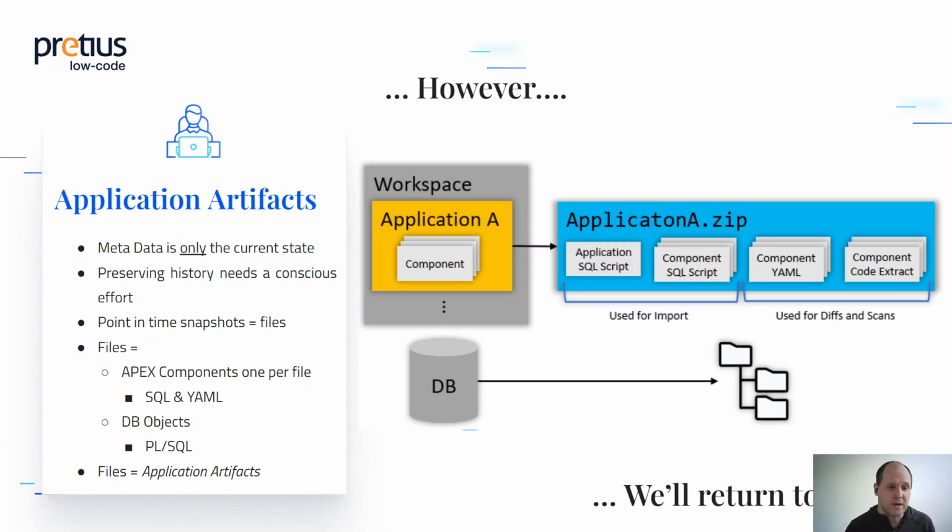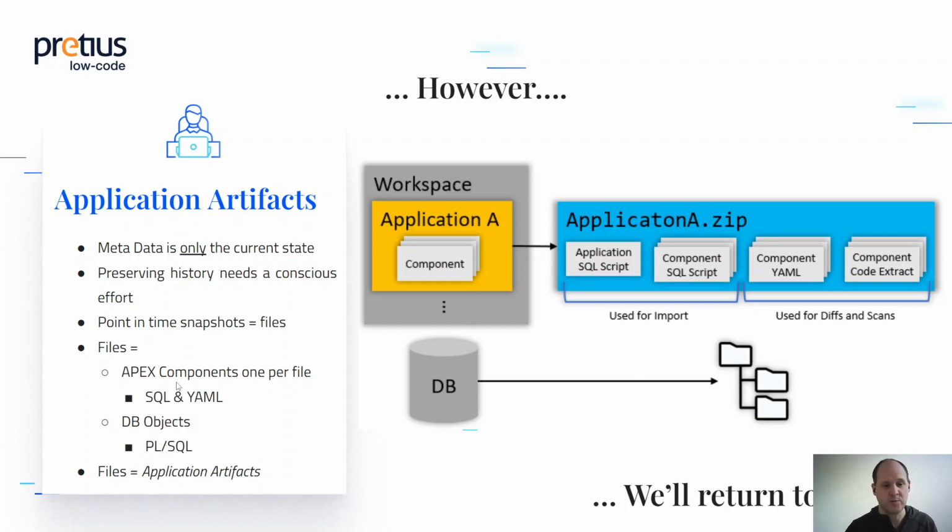And how you do that is using files. So it's like a point-in-time snapshot by exporting the files. So I could export my Apex application to you, and you could import it into your workspace. When you try to run it, you won't get very far because you don't have the database components. Therefore, your files or your artifacts are two parts: your Apex application plus your database scripts.